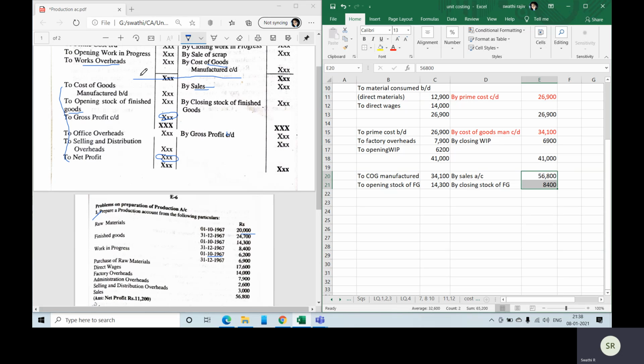That is final accounts. So this much is your manufacturing, and this is basically nothing but your trading account, and this is your P&L account, right? 65,200. 48,400.